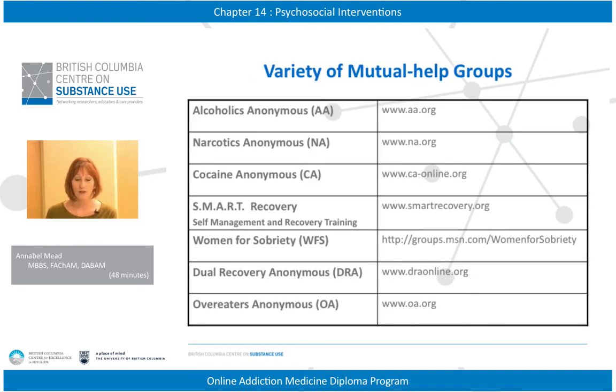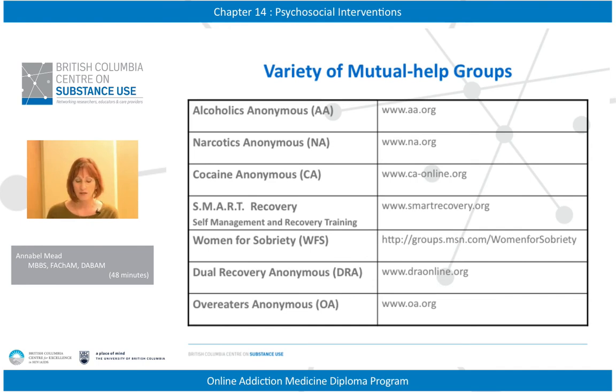There's a very wide variety of mutual help groups, and we'll have an attachment to this lecture, which is more fulsome than what I have here, but this is just a small snapshot of what's available. AA being the most prevalent, but also Narcotics Anonymous, Cocaine Anonymous, dual recovery, and lots of things in between.